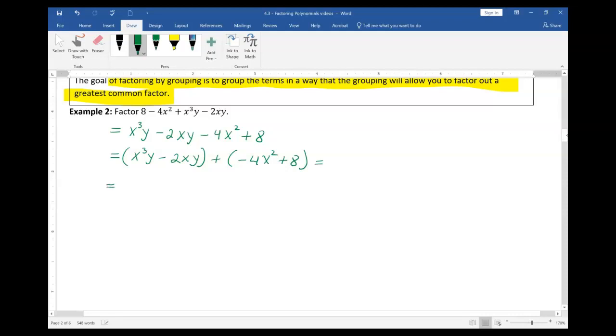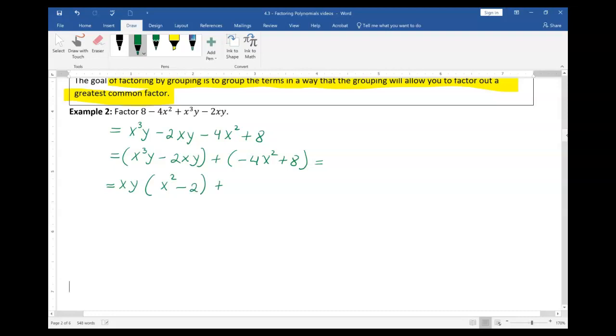Next step, factor the GCF from each grouping. What do x cubed y and 2xy have in common? They have in common xy. x cubed y divided by xy is x squared. Minus 2xy divided by xy is 2. Perfect.